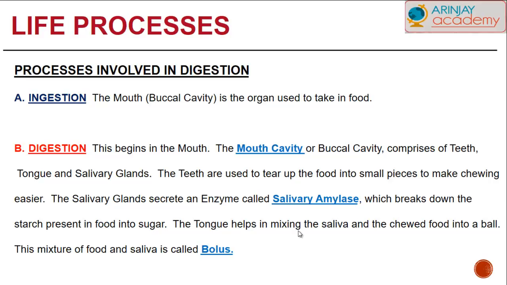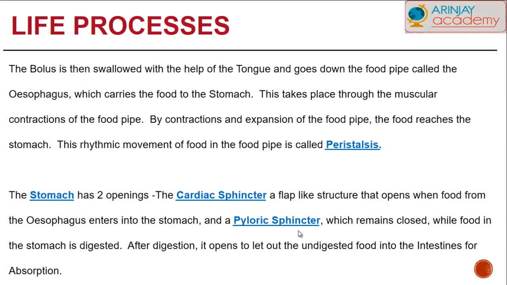The tongue, with the secretion of saliva from the salivary gland, mixes the food together into a ball called a bolus. This bolus, with the help of the tongue, is swallowed and goes down the food pipe, which carries it into the stomach.